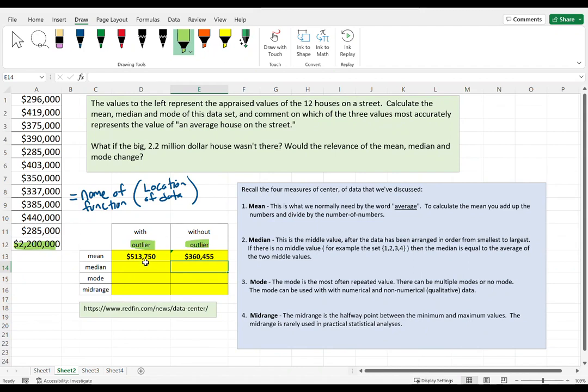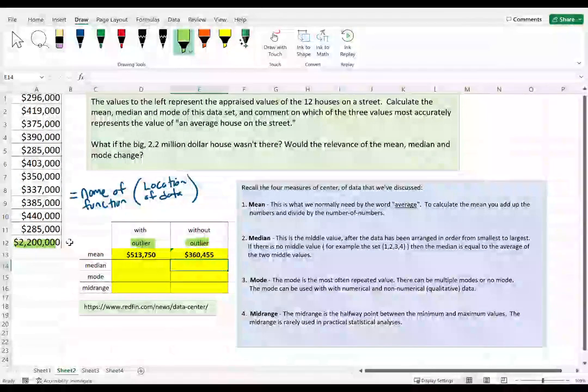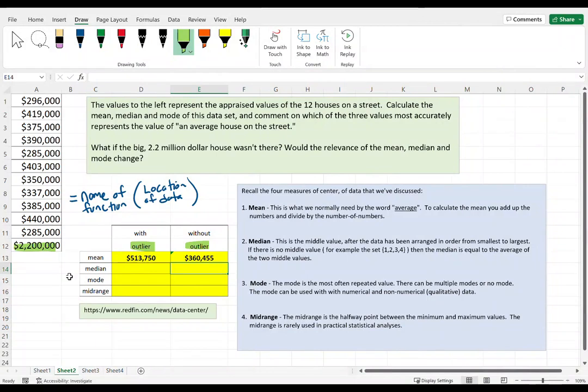But that $513,000 is not very representative of this set. The mean without the outlier is $360,000. Now if the real estate agent said, let's take a look, there's 12 houses for sale, one of them is a huge mansion, but the other 11 have an average price of $360,000, well, now you go back to the question, do you want to see these houses?